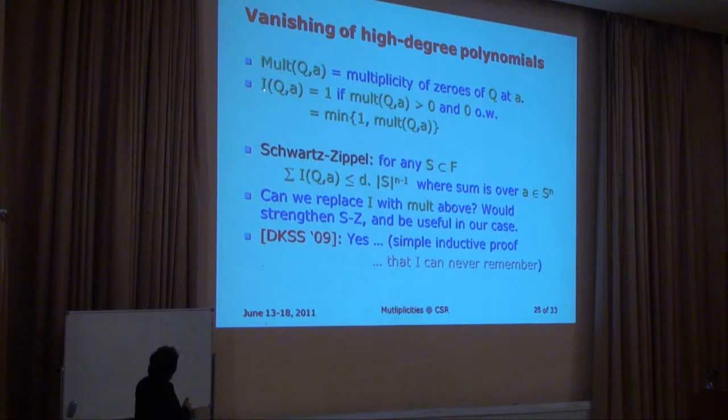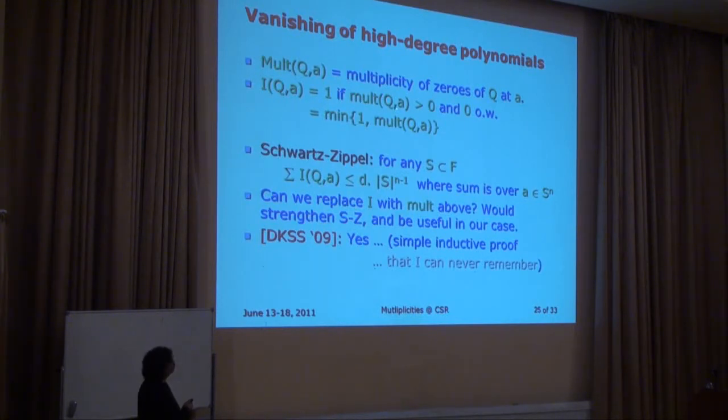And let's just use this indicator variable which says whether this polynomial is 0 at a or not. Okay, so notice that this indicator variable can be expressed as the minimum of 1 and the multiplicity of the polynomial, right? So if the multiplicity is 0, that means the polynomial does not vanish at a, and so this quantity should be 0.